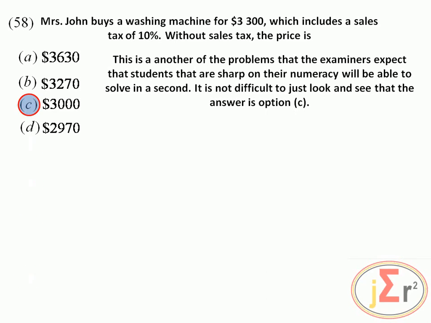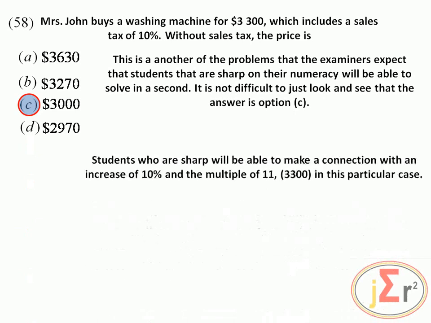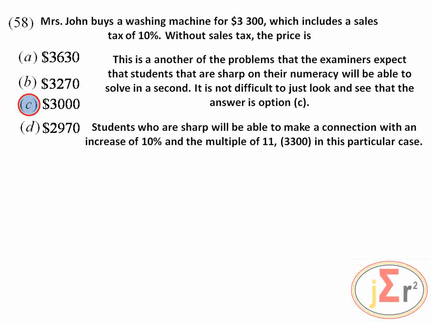We should be able to look and see. How so? Students who are sharp will be able to make a connection with an increase of 10% and multiples of 11. And of course 3,300 is a multiple of 11.